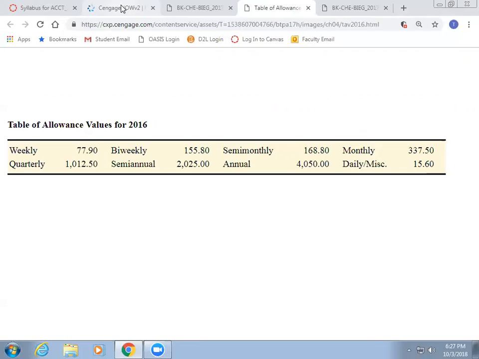So I subtract that from his weekly pay: $2,350 minus $233.70 is $2,116.30. So that's how much I want to look up in my percentage table.